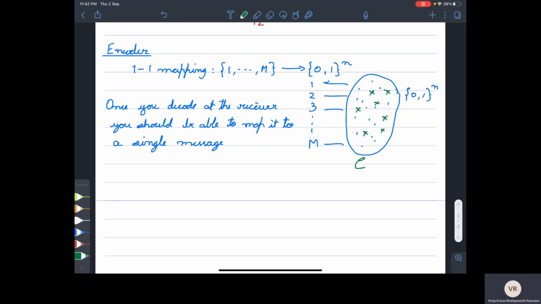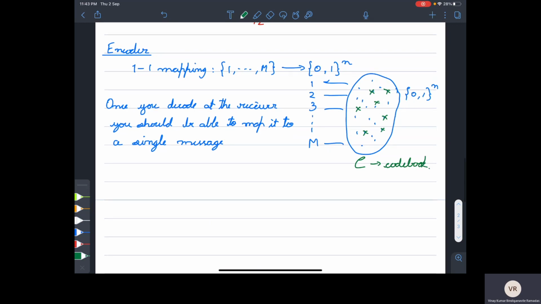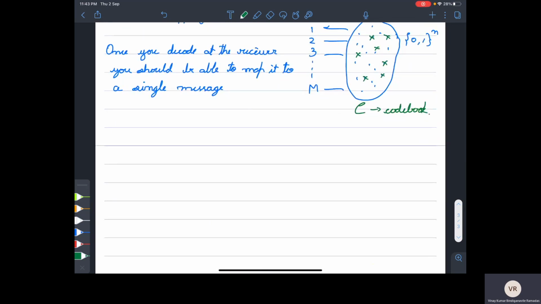This subset is usually referred to as the code book. Let's look at some examples.